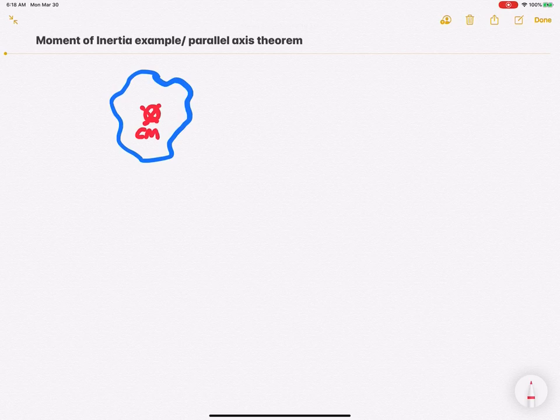And we can calculate a moment of inertia for the object about the center of mass just by taking the integral of all the distances from the center of mass squared dm.